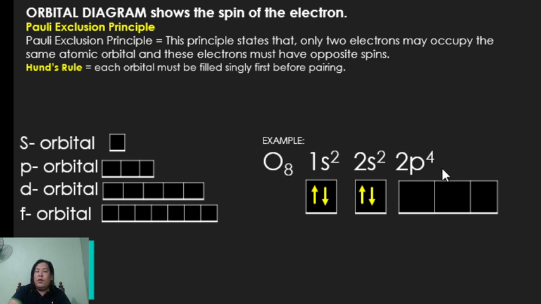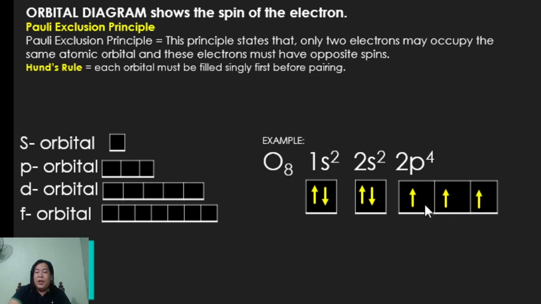And then 2p4. This time, we will consider Hund's rule. Each orbital must be filled singly first before pairing. So for 2p4, we have 3 boxes. The first electron entering this particular orbital is 1. You have to fill the orbital singly first.